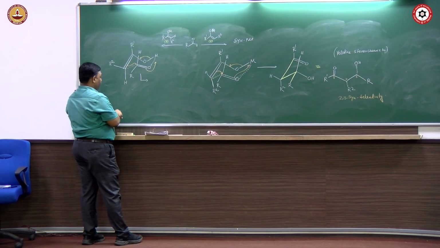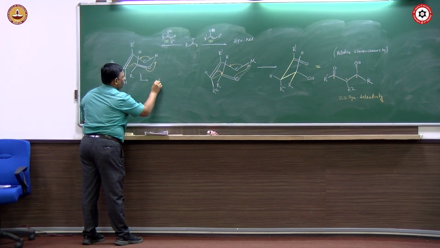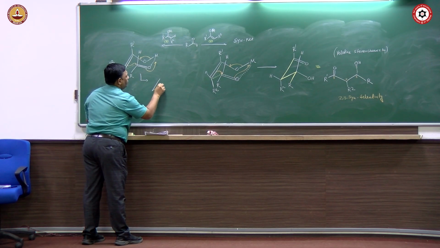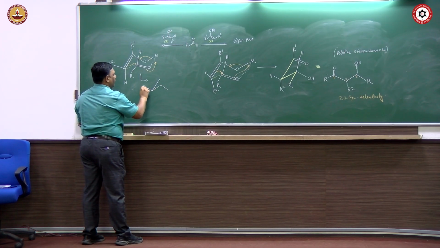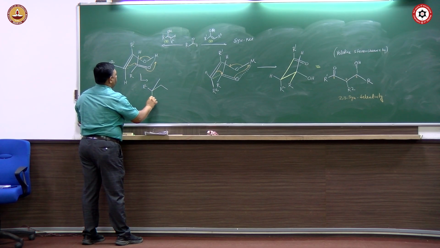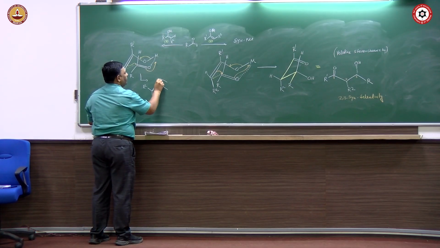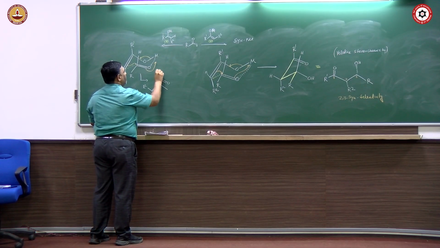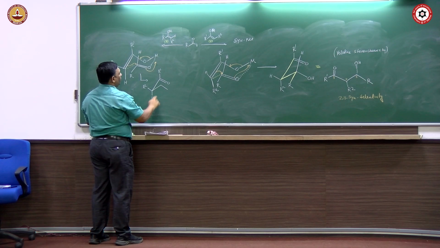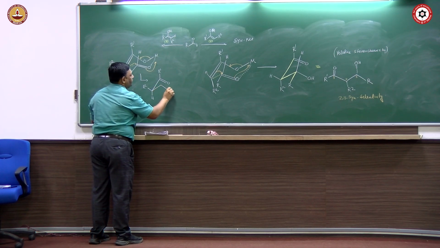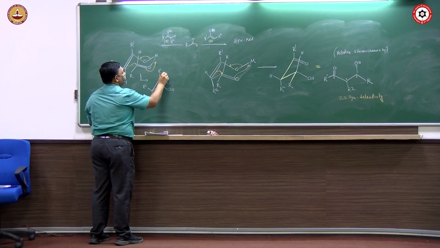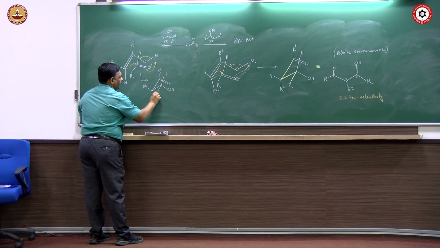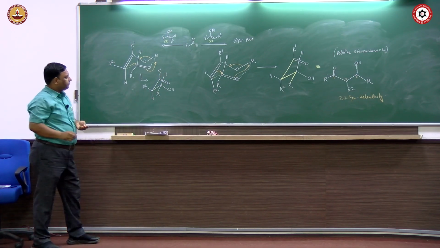So first we try to draw, as I mentioned, what is exactly happening. So in this position I have an R2, there is a hydrogen, it becomes a carbonyl, that becomes R1. At this position there would be the OH, here will be one hydrogen and here will be the R group.